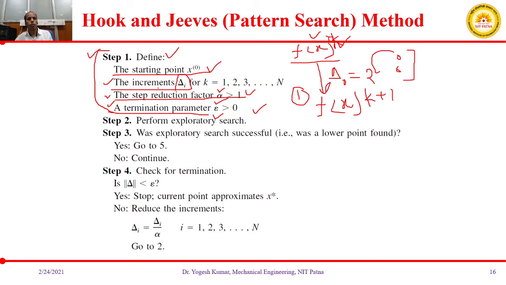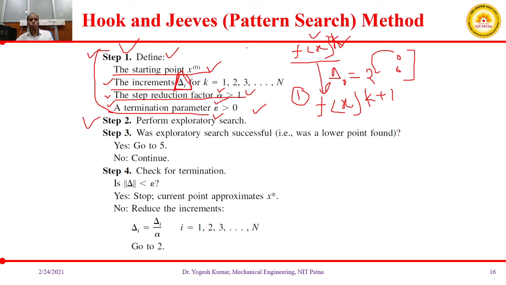In the case of the pattern search method, after step 1, you are supposed to perform the exploratory move. Under the exploratory move, you simply give some increment corresponding to the step increment which you decided in step number 1.